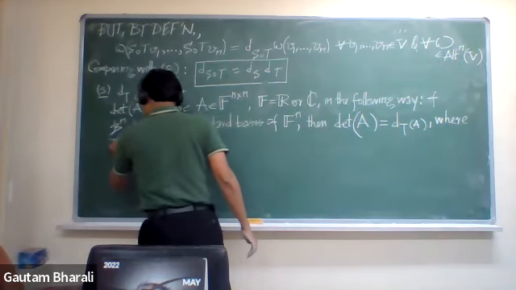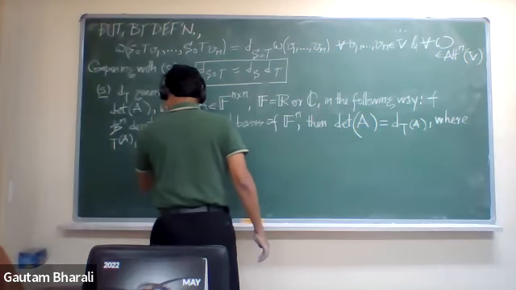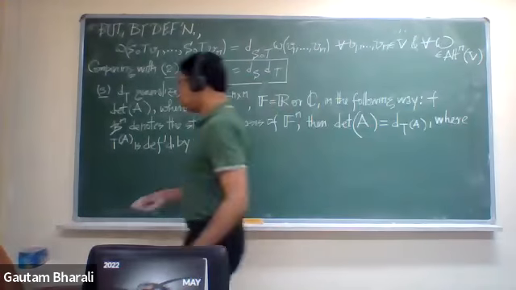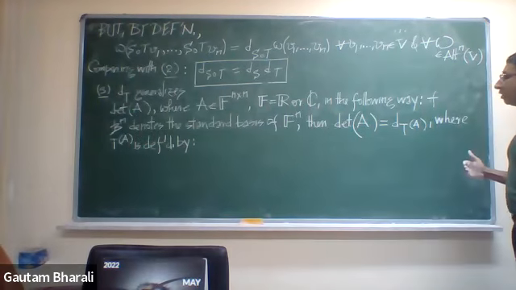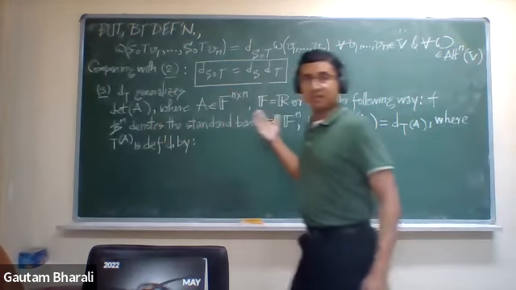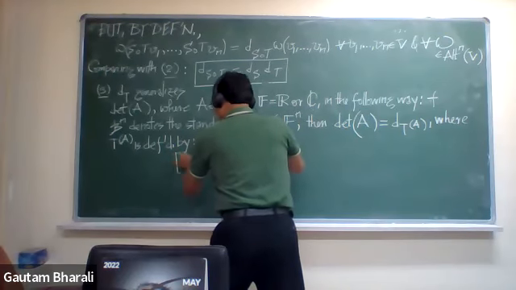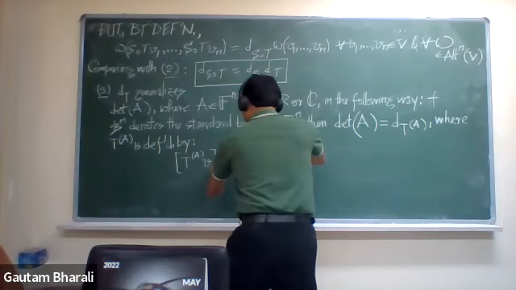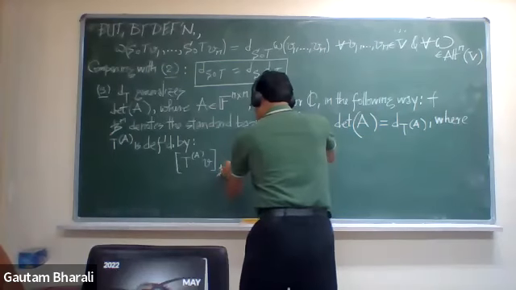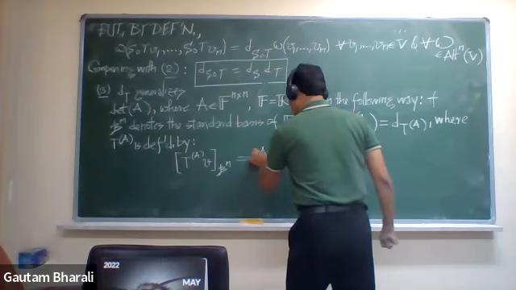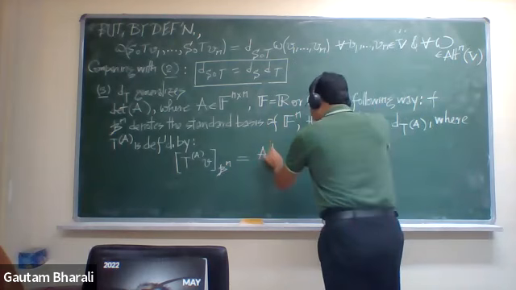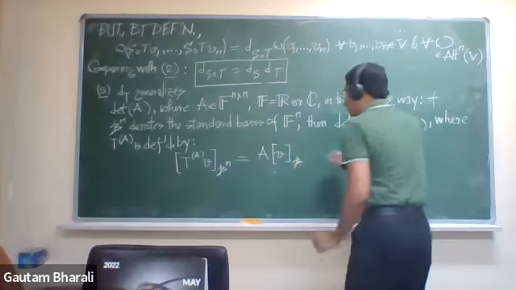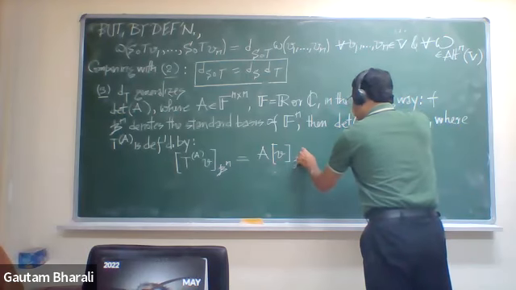So this T superscript A is defined by this rule: T^A is precisely that unique linear transformation whose matrix representation with respect to the standard basis is the matrix A, which is to say that T^A acting on a vector V, if I take its coordinates with respect to the basis B_n, is simply the matrix multiplication of the n by n matrix with the familiar column matrix of V, which is the set of coordinates of V with respect to the basis B_n. Okay.